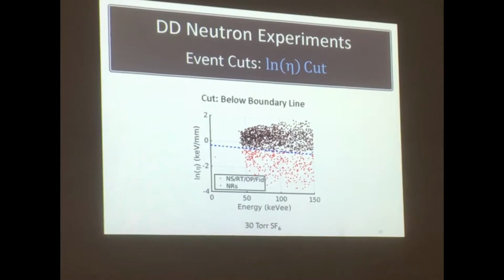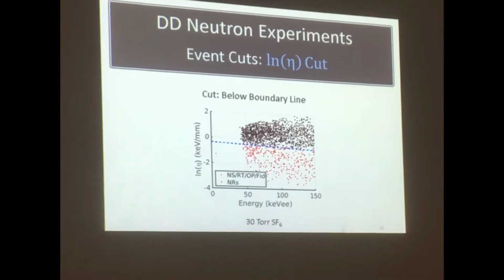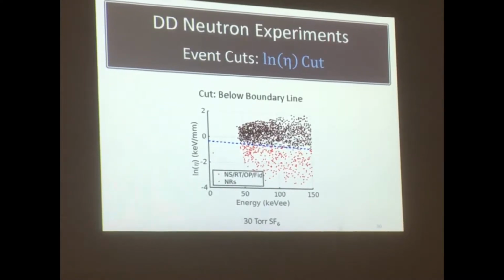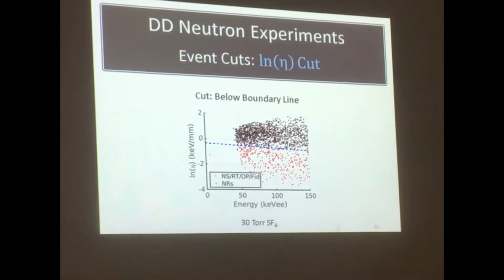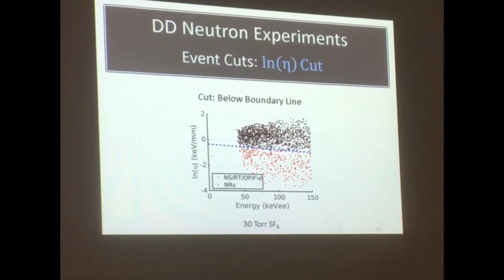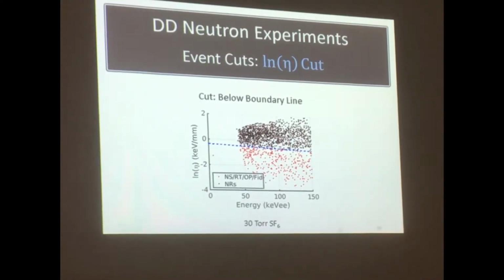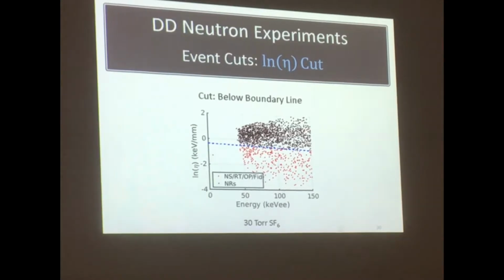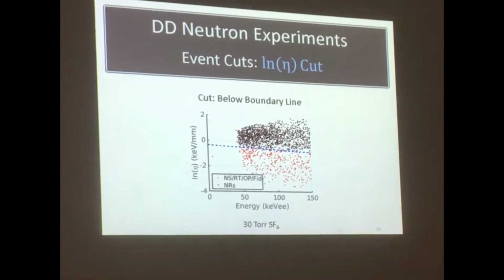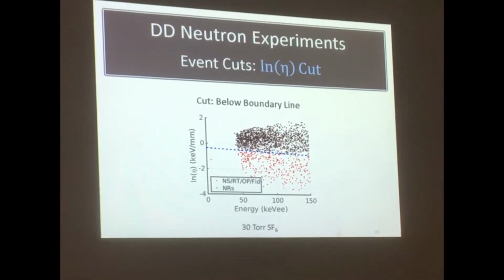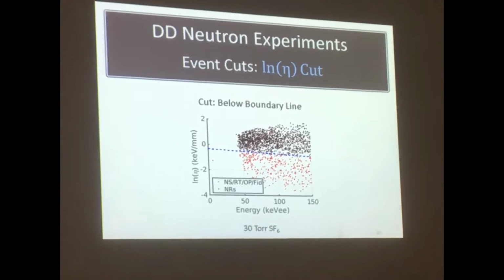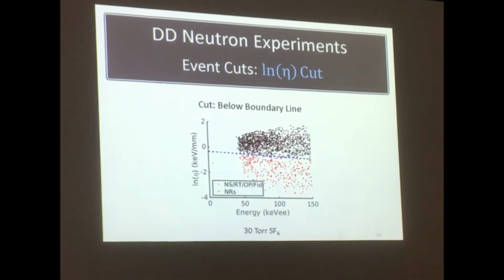And the next cut I have is this ln of eta cut, where the blue dashed line again defines the nuclear recoil separation, and so these black events are what I'm defining to be the nuclear recoil band, and so I apply that, and so it's this black distribution of events that I'll be focusing on to measure the directionality, the discrimination. I'll be focusing on them.